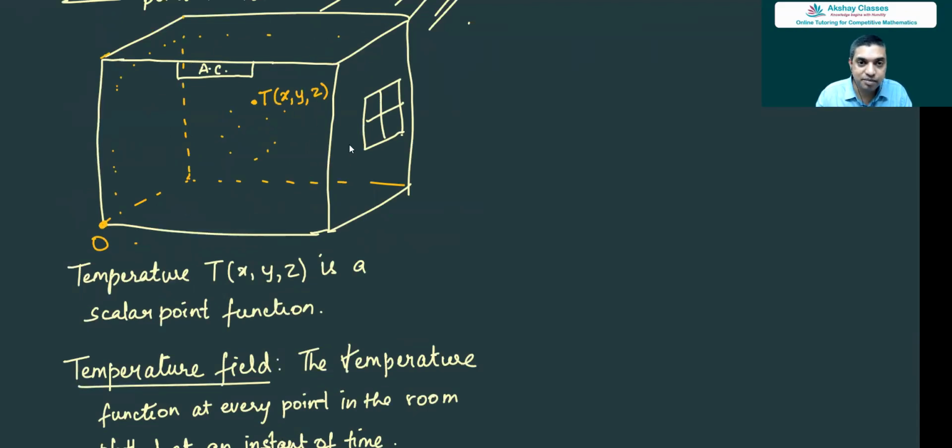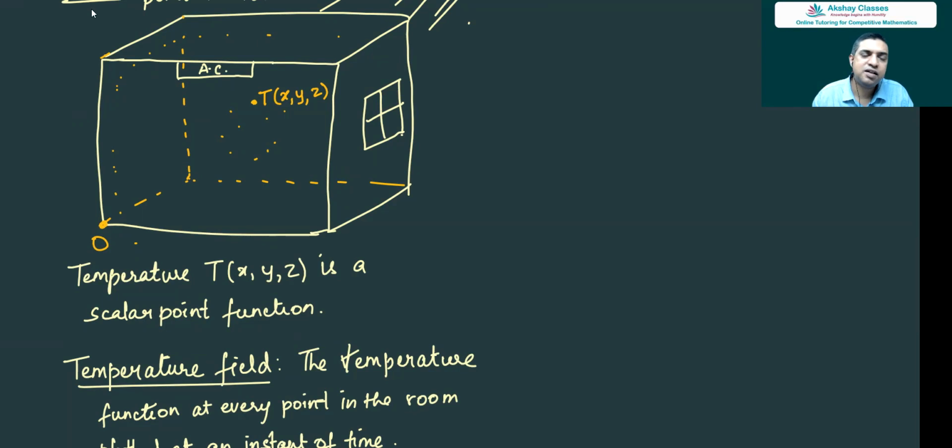And now as the time keeps changing, the temperature keeps changing in the room. So we say that there's a field, a scalar field function. The function with respect to a particular point in space, a quantity, is varying with respect to space, and let's say with respect to time also.